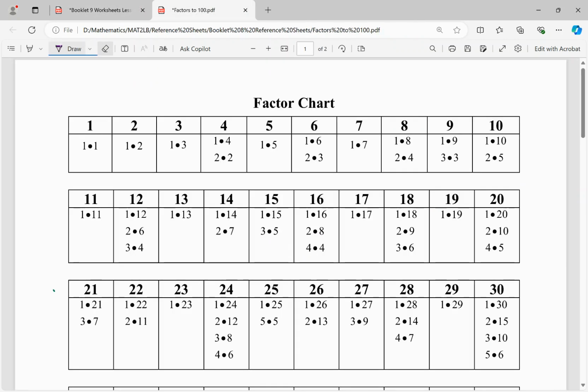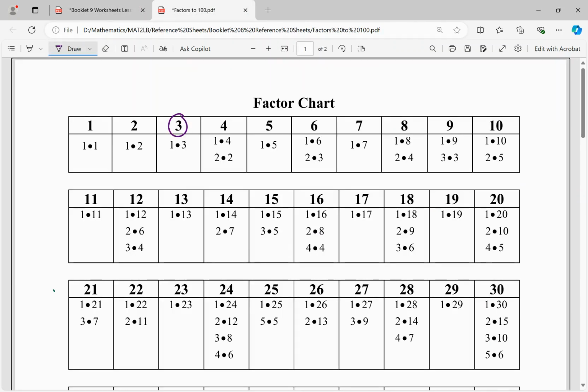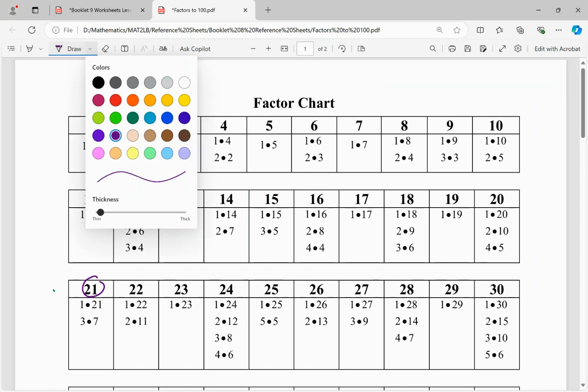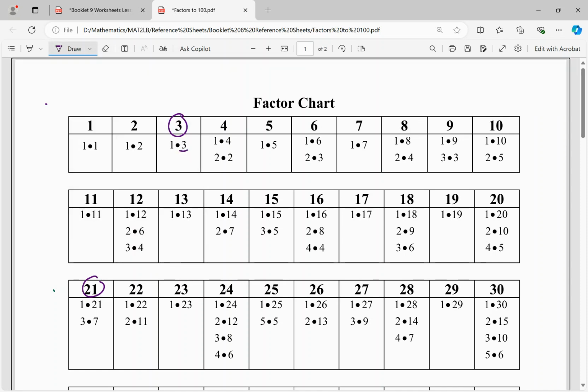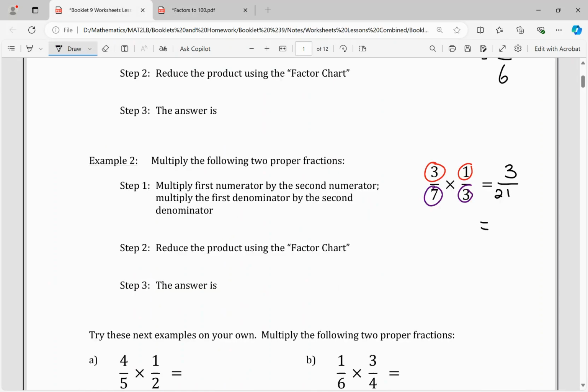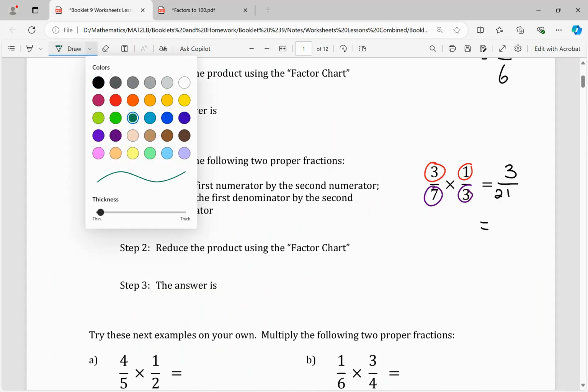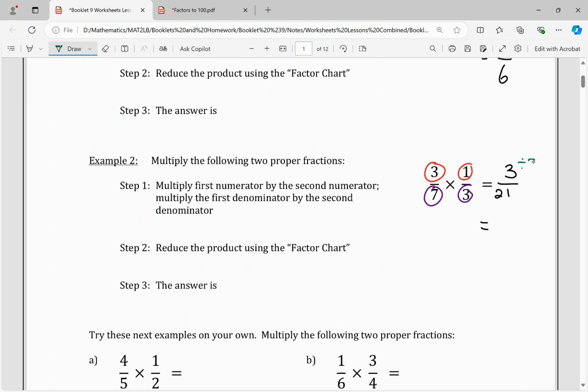Using the factor chart, here is 3, here is 21. The largest number that they have in common is 3. So that means that we divide both the numerator and the denominator by 3.